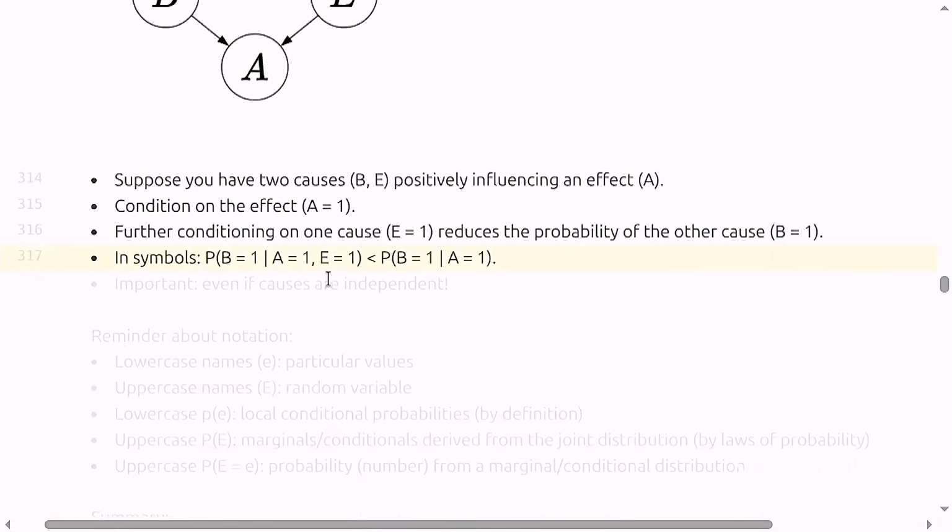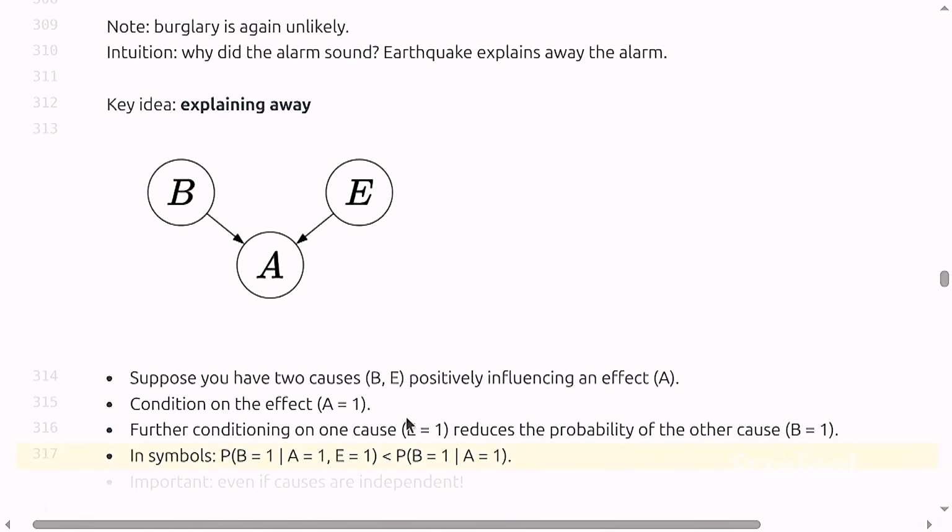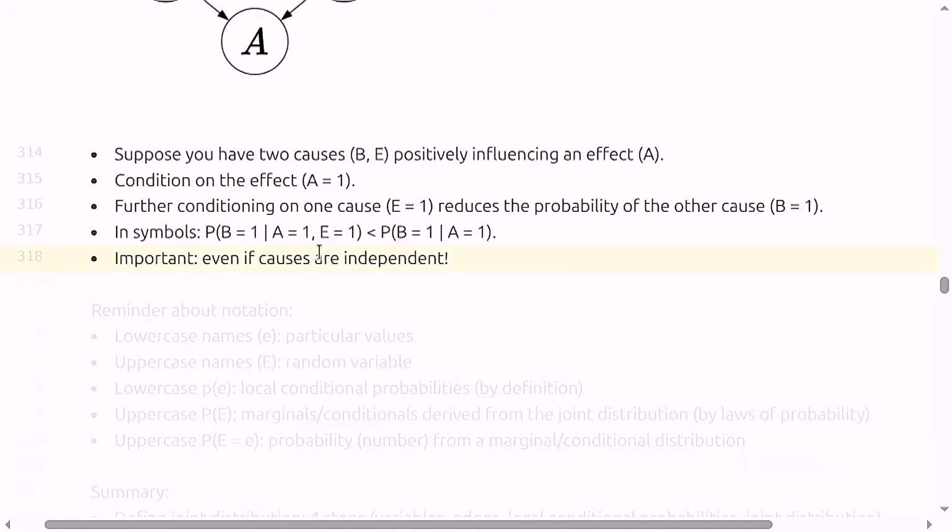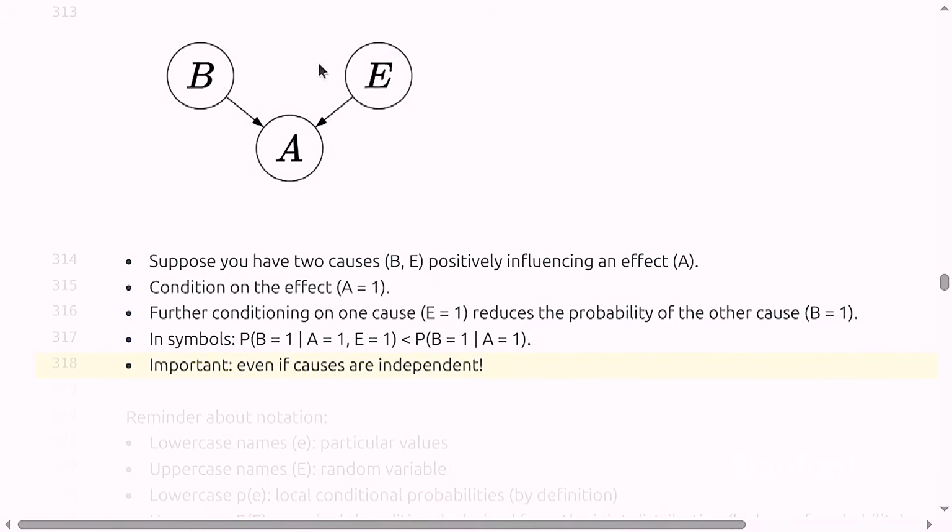So in symbols, the probability of B conditioned on both the other cause and the effect is less than the probability just conditioned on the effect. And the cool thing is that this is true even if the causes are independent.